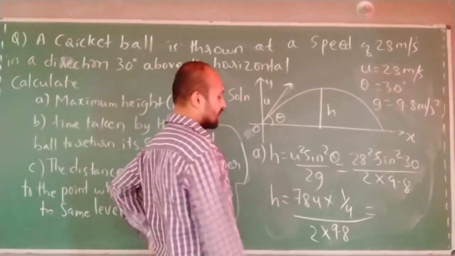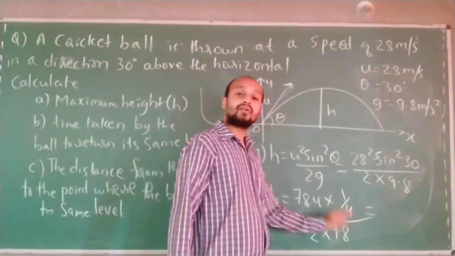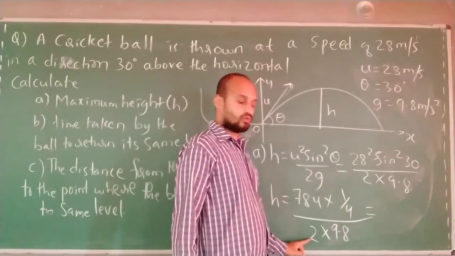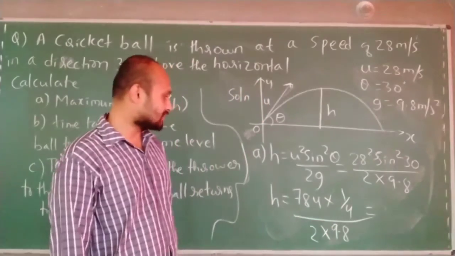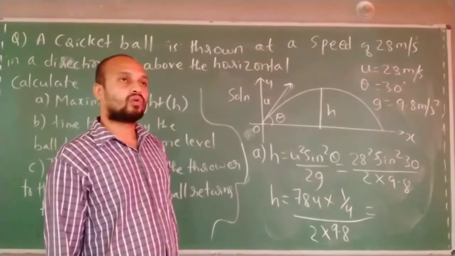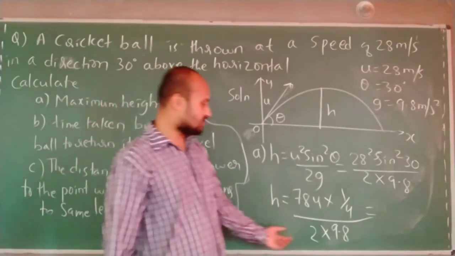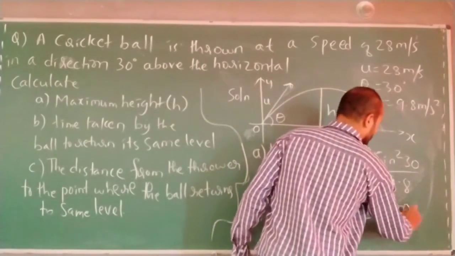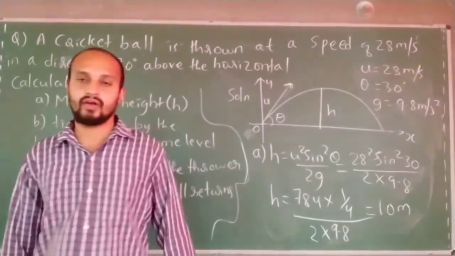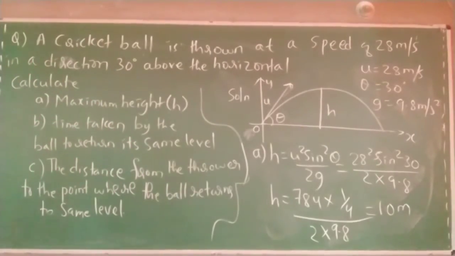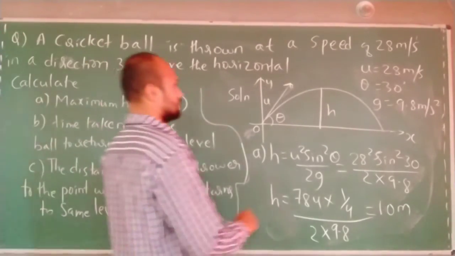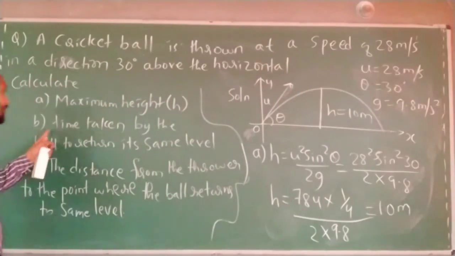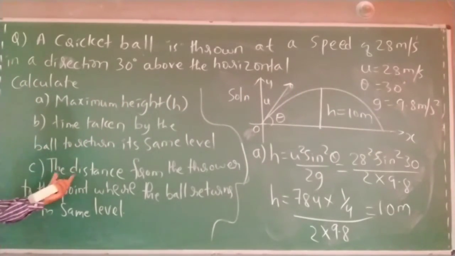If you solve this, 4 into 2 is 8, into 9.8, you are going to get 10 meters. So the maximum height is 10 meters.